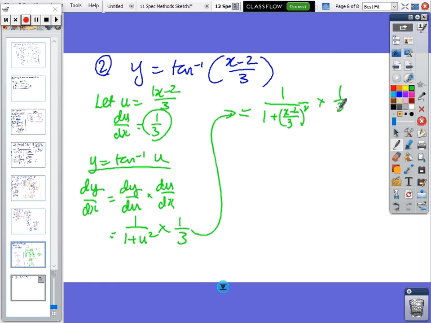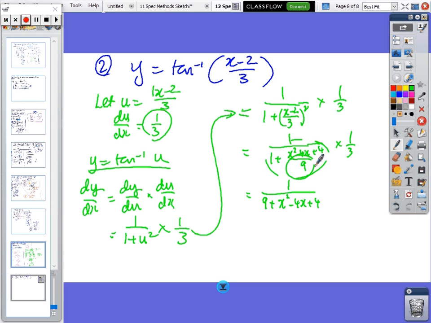So we're going to do a bit of tidying up. 1 over 1 plus (x squared minus 4x plus 4) over 9, times a third. This fraction here has to be simplified by multiplying by 9. So we've got 1 over 9 plus x squared minus 4x plus 4.